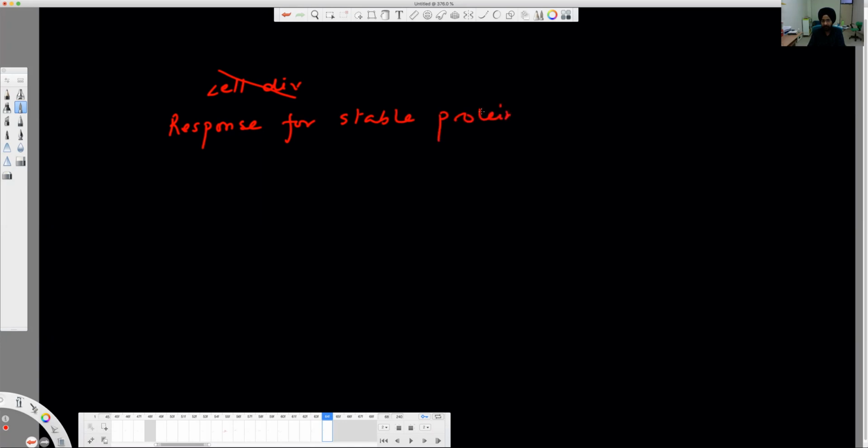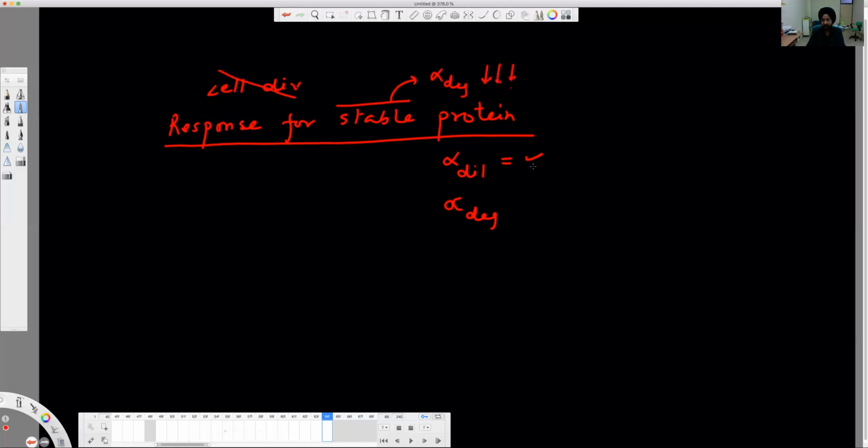What will be this response time for the stable protein? When we say stable protein, it means that I'm working with alpha dilution only, right? Because alpha degradation, for a stable protein, is very, very low. It's not degrading. Let's say alpha degradation is approaching zero.